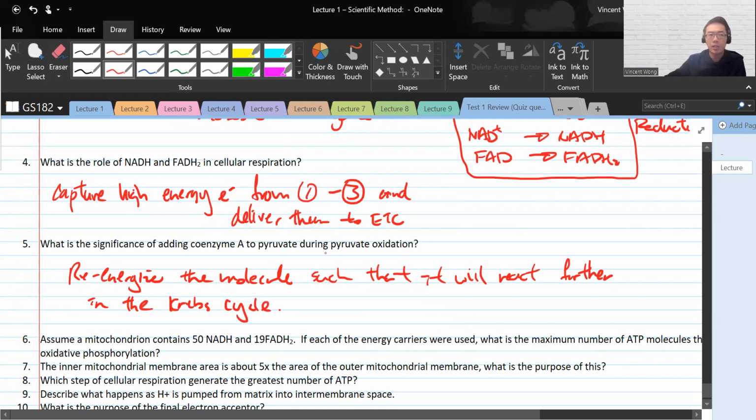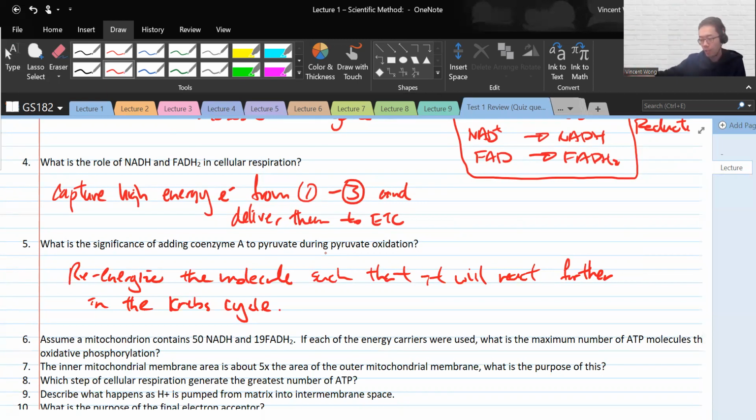Right, I keep on saying in class, by the time the glucose has gone through glycolysis, it's already low in potential energy, right? Because you produce some ATP, you remove some high energy electrons. So you need to recharge the molecule. You need to do that by adding the coenzyme A.